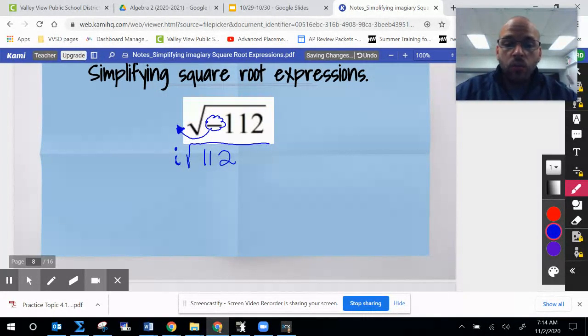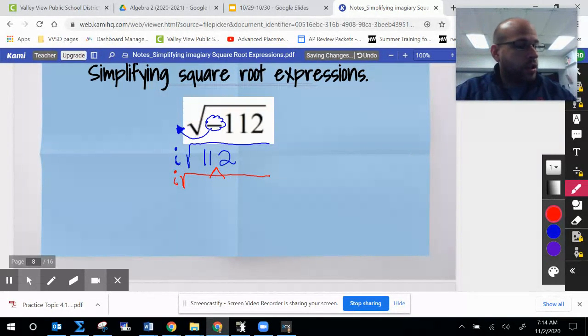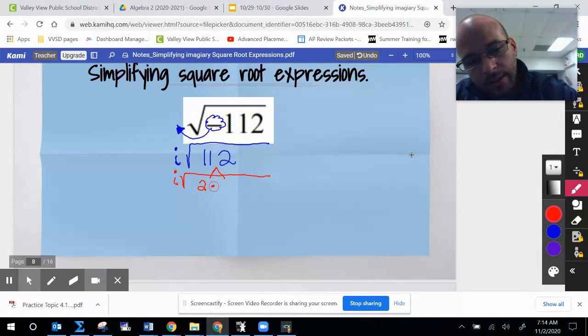And now we can reduce the square root of 112. So if I keep my i out front, I can now break up this 112. Now I've got to think here for a second. 112 divided by, I'm going to say 2, is going to be 2 and 56. And then I still have this i out front. I can break down 56 into 7 and 8.